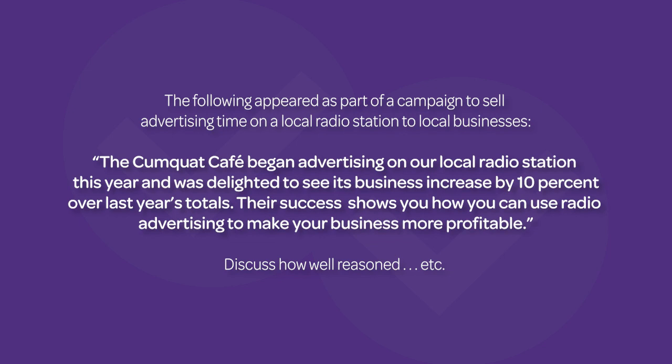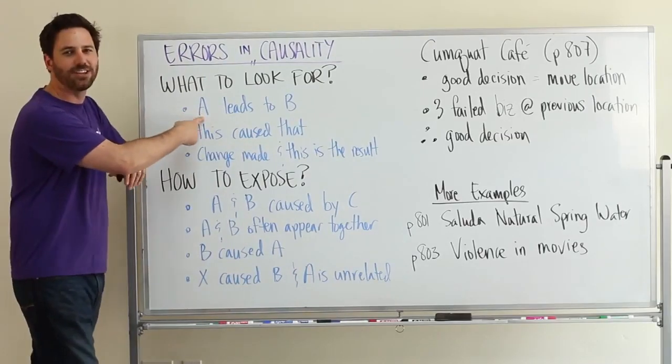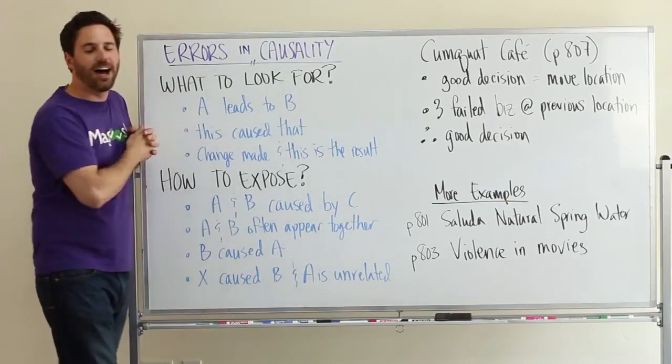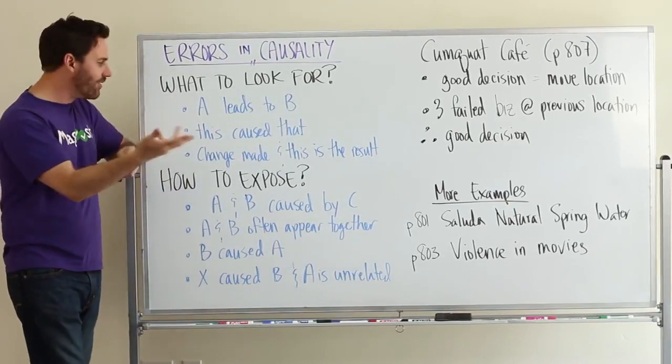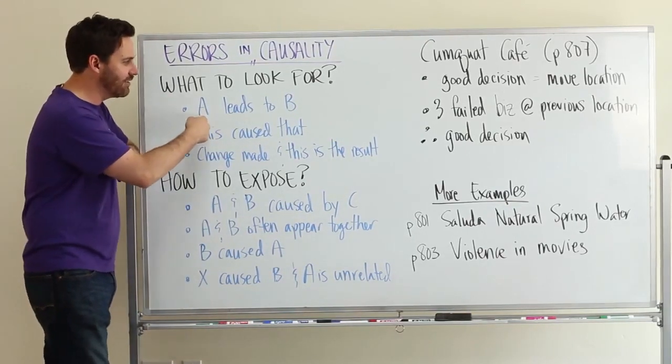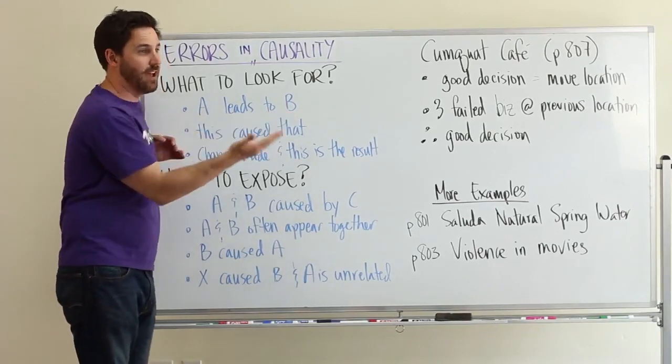They also say that there were three failed businesses at the previous location, and so ultimately Kumquat Cafe is a smart business. So what they're saying is that by leaving the location, they are a good business, and they're also saying that this location led to three other businesses failing.